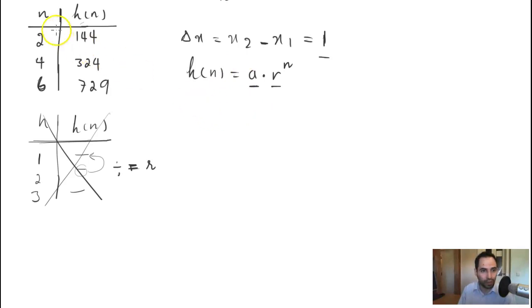You need at least 2 points, and you've got 3 points here. So one of the points could be 2, 144, and the other point could be, for example, 4, 324.